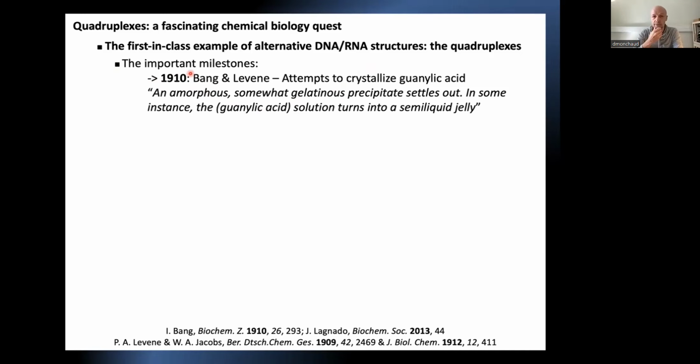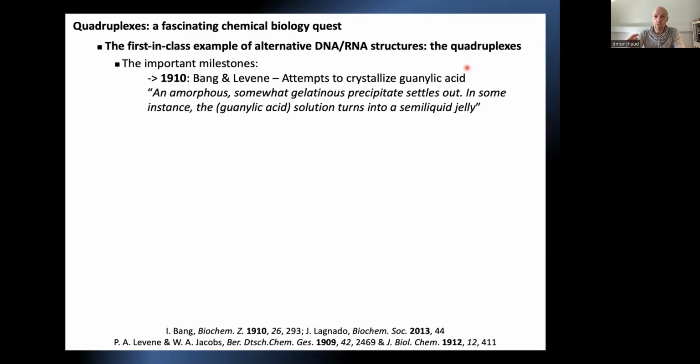They tried to crystallize some highly concentrated solution of guanylic acid, and they failed. They failed because they observed that each time this guanylic acid solution is too concentrated, it can form a kind of semi-liquid jelly, as indicated here. Now we call this a hydrogel.